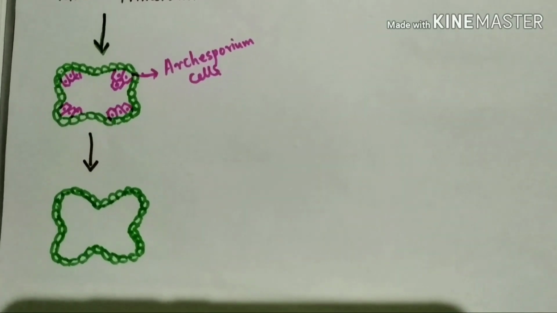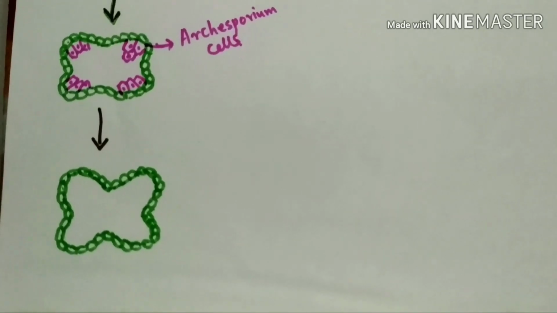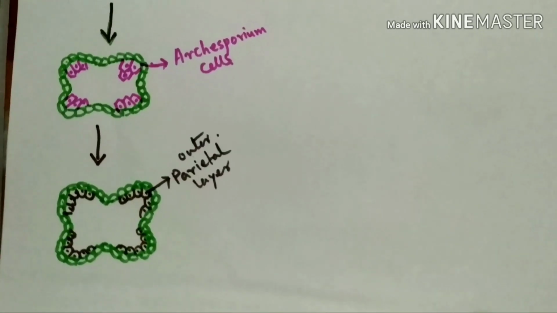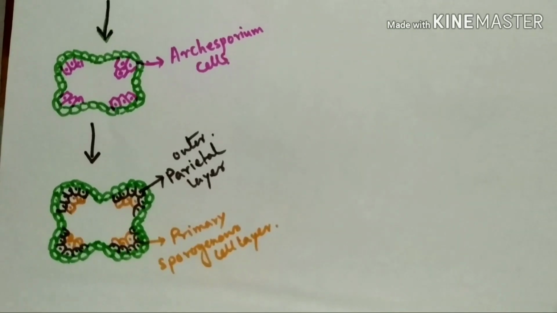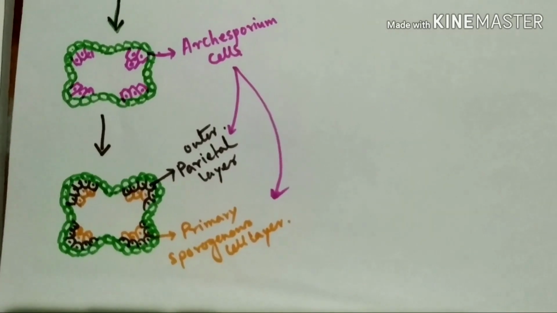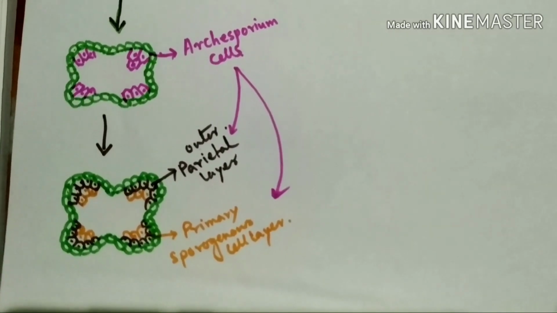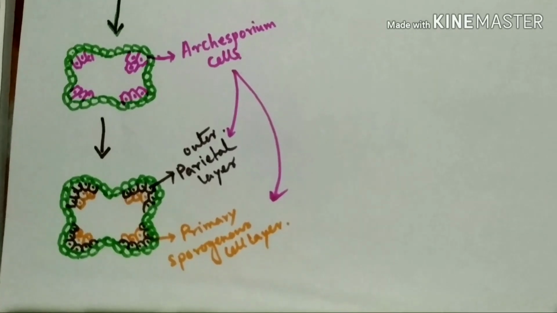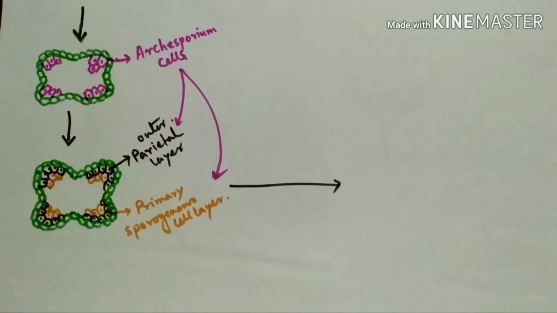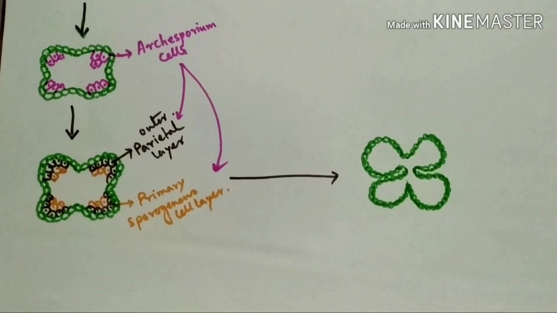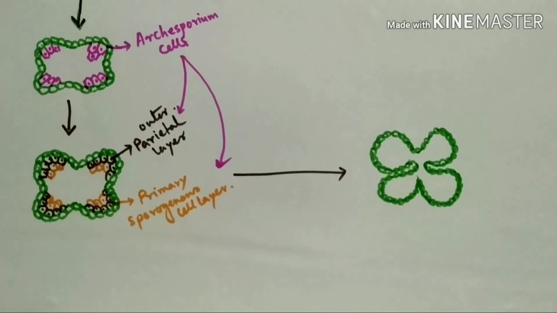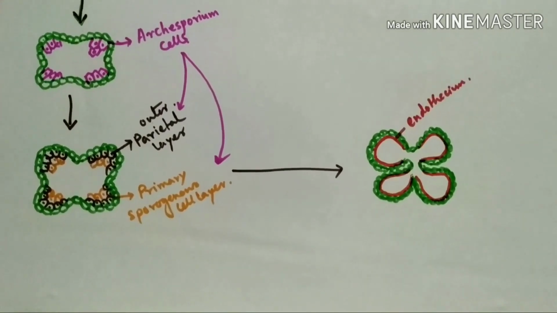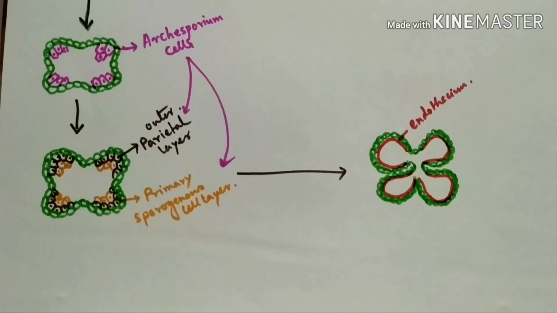Now, archesporium cells divide into an outer primary parietal layer and an inner primary sporogenous cell layer. So from archesporium cells, the outer parietal layer and primary sporogenous cell layer are produced. Next, anther lobes become more round in shape. The parietal layer divides and produces endothecium and secondary parietal layer.